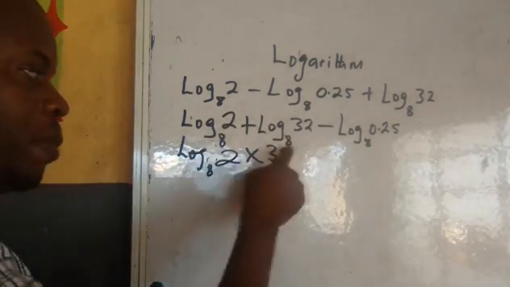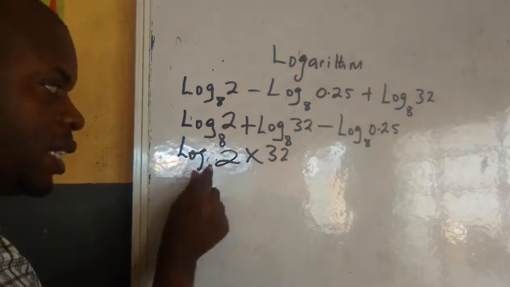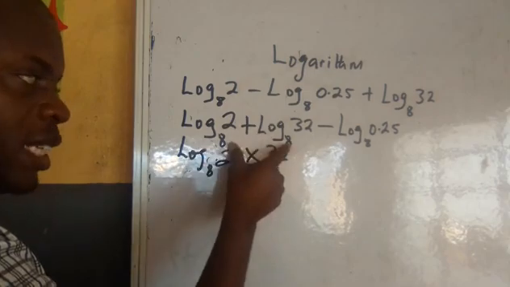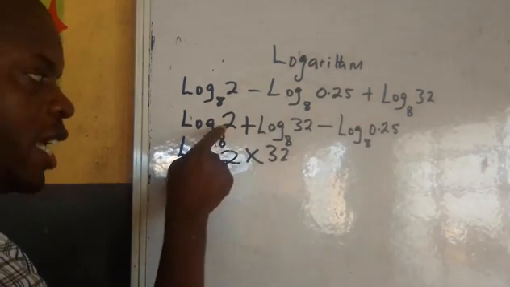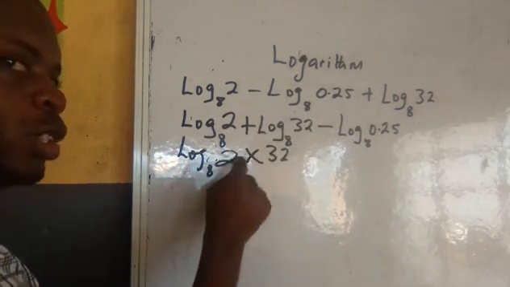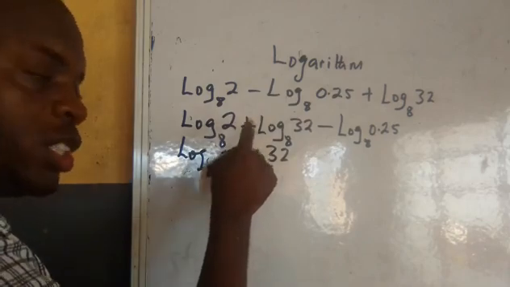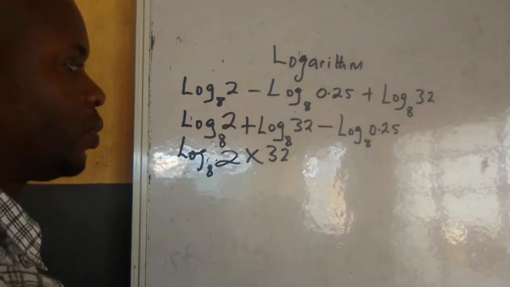Because they have the same base now, I have to pick one log base 8 to represent them. Then the log here 2 and the log here 32, the sign between them is plus. I will change it to times because it's plus. If it is minus, I change it to division. So that's what I have here.